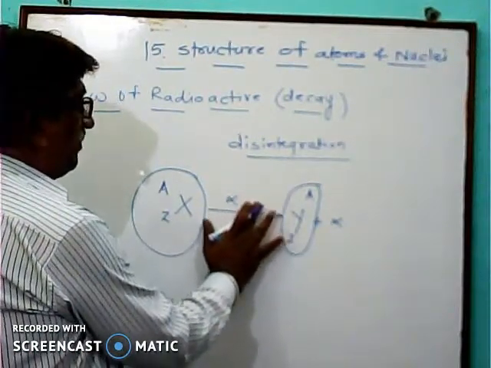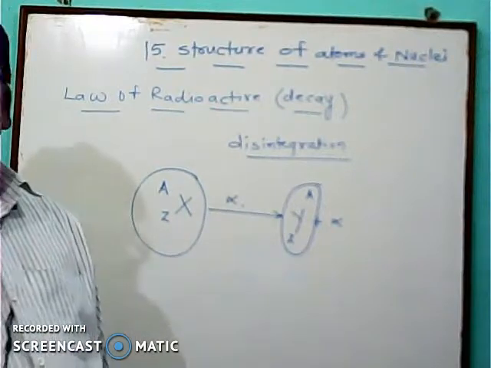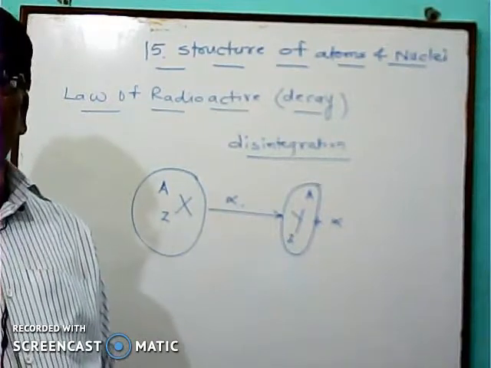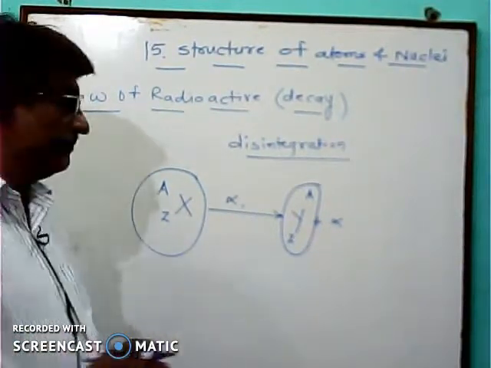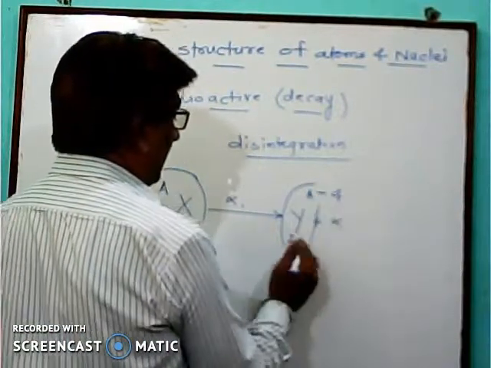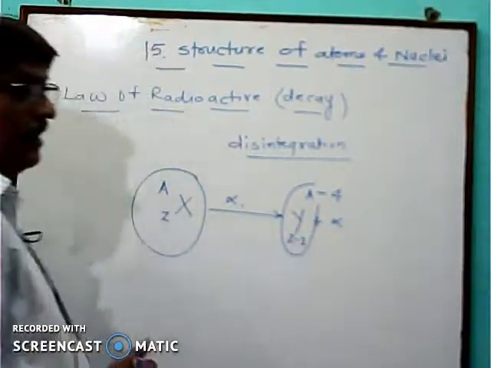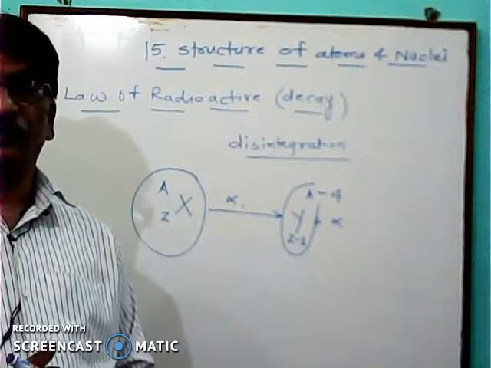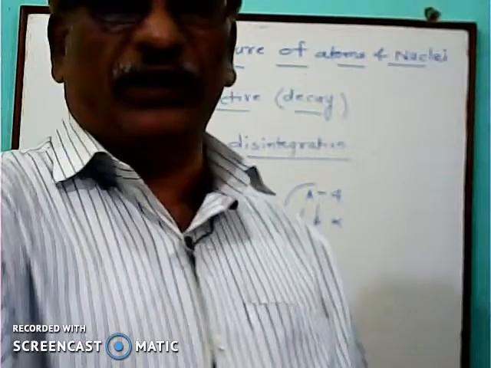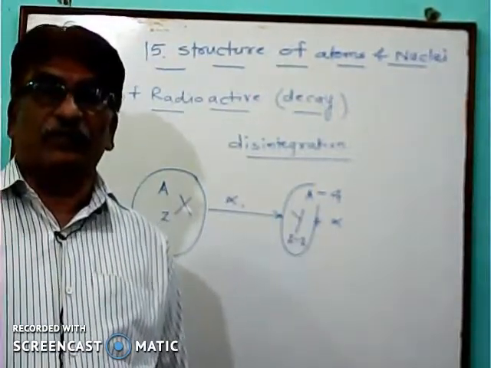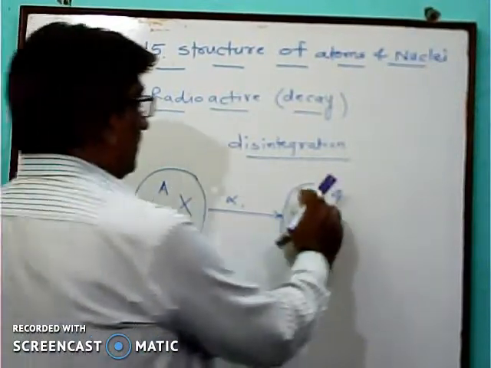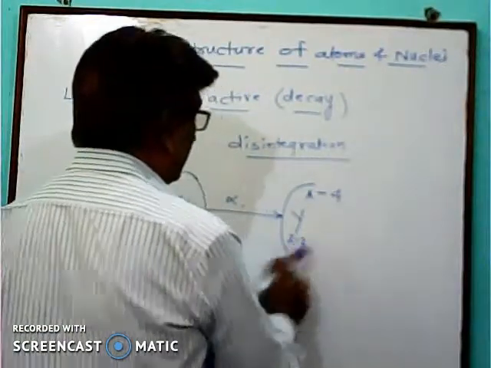There is a transformation law such that when alpha particles or alpha rays are emitted, the mass number is reduced by 4 and the atomic number is reduced by 2. A daughter element is obtained with alpha rays.